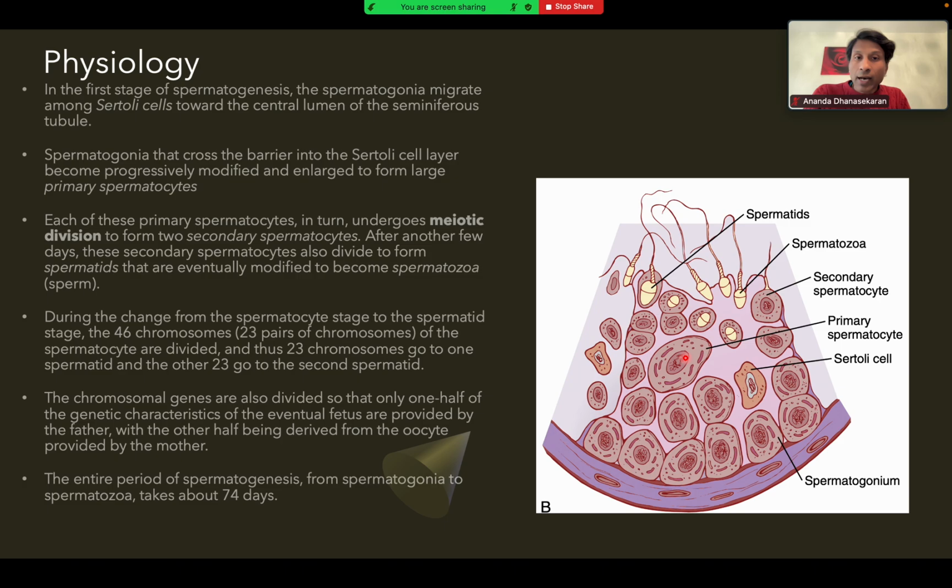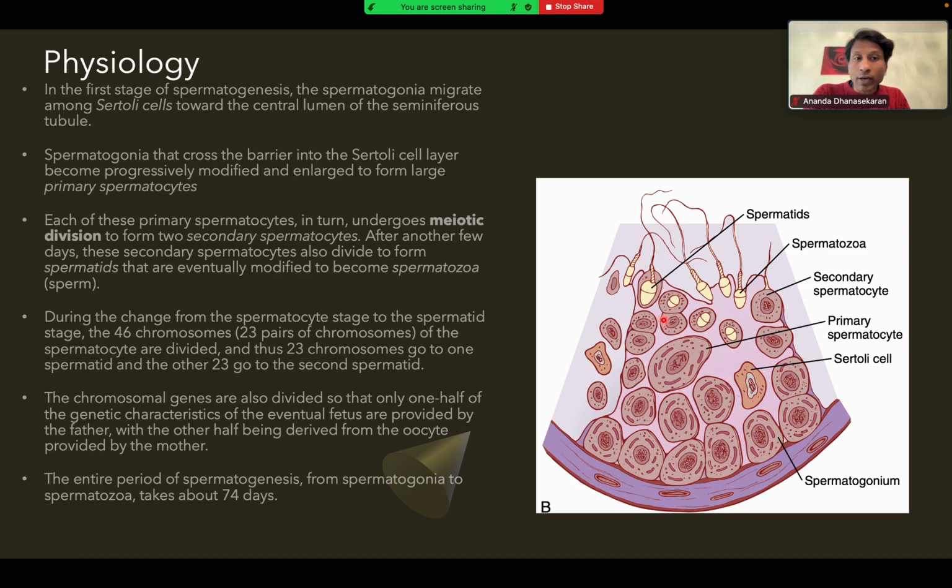Okay. In another few days' time, this secondary spermatocyte also further divides to form spermatids. From this, the sperms grow. So this takes another few days here. During the stage from the spermatocyte to the spermatid stage, as we discussed, the 46 chromosomes will become 23.